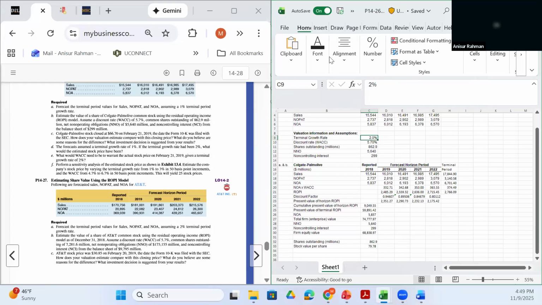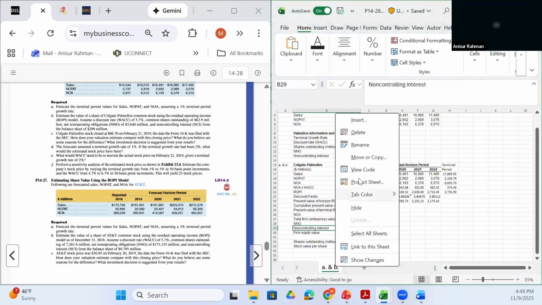Now, I'm going to undo this. So going back to 1%. So instead of making changes here, I'm going to rename this as A and B, and then make another copy of this entire worksheet. So I'll right click.